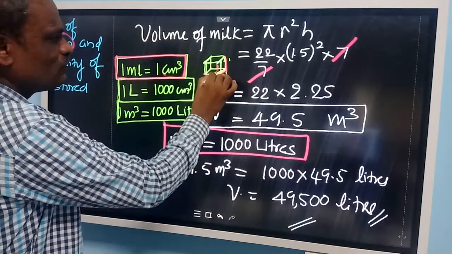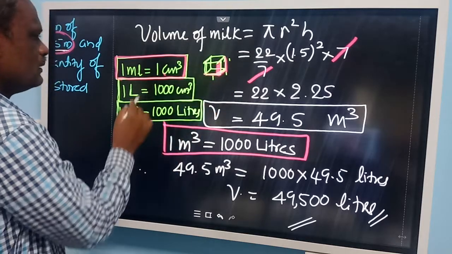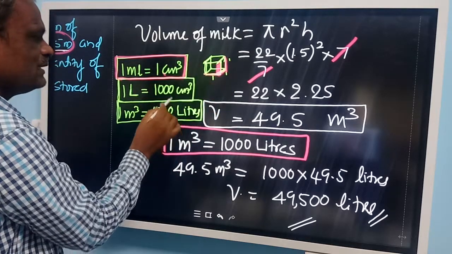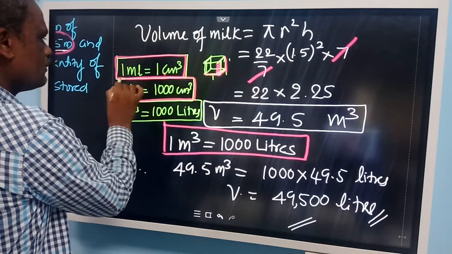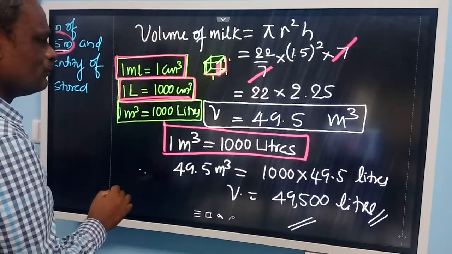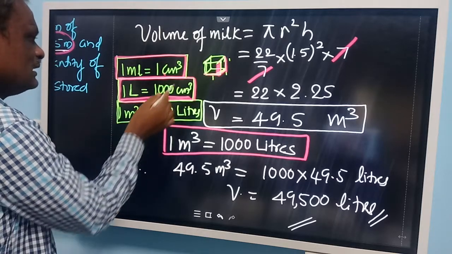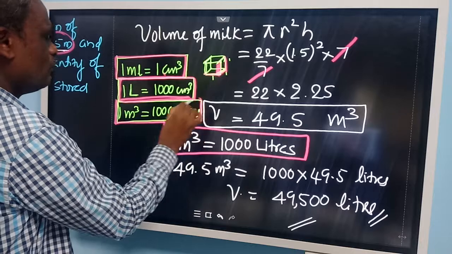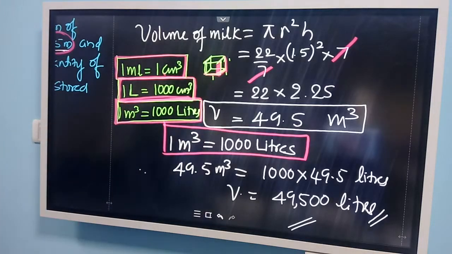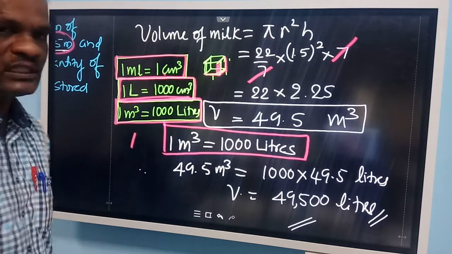Such a cube is called 1 centimeter cube. If you take 1000 such smaller cubes, that will be equal to 1 liter. 1 liter is equal to 1000 centimeter cube. And if you take 1000 liters, that will be equal to 1 meter cube. 1 meter cube is equal to 1000 liters. Keep this conversion of units in your mind.